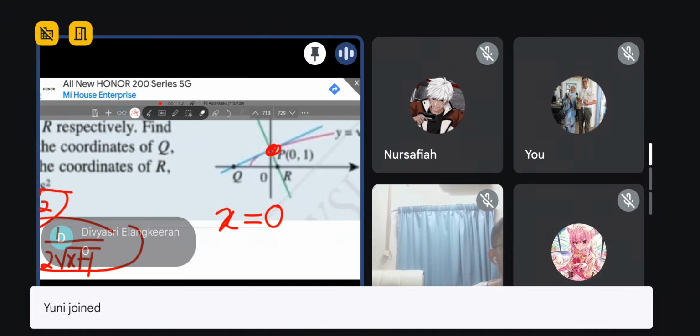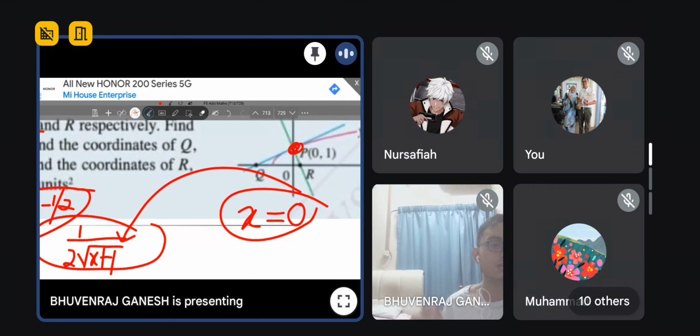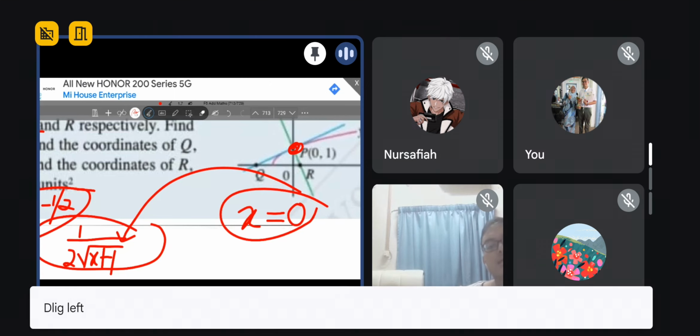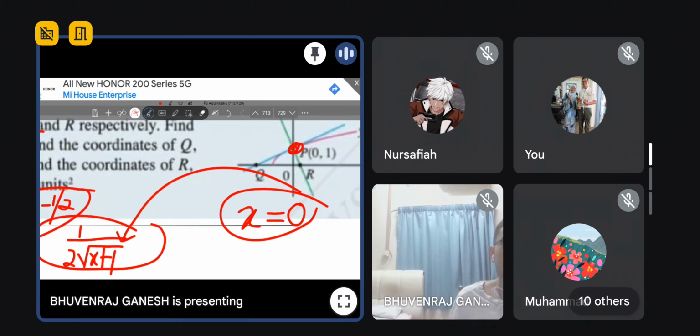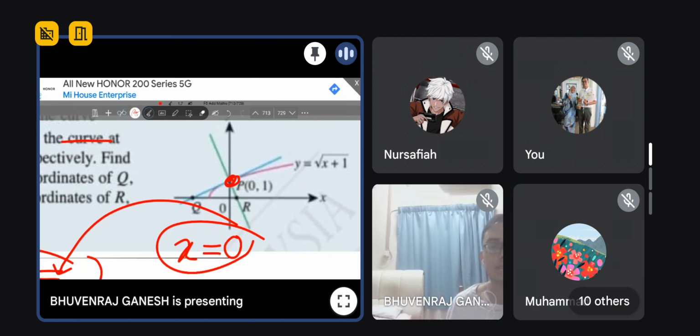So x equals 0, you will substitute, kamu akan gantikan kat sini, in your dy dx expression so that you can find the exact value of the gradient. Kamu boleh dapat nilai sebenar dy dx. So now you have the gradient, kamu ada kecerunan. Second thing, you must have a point. Kamu kena ada satu titik. So what is the point here, guys?